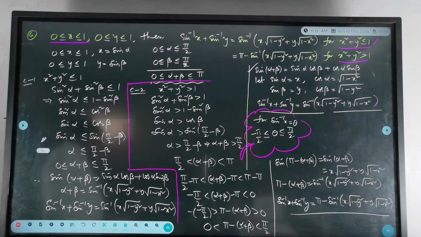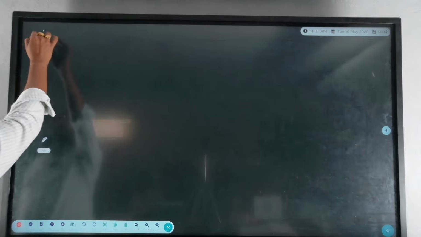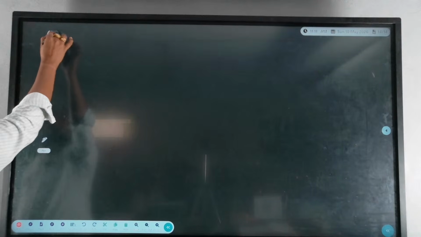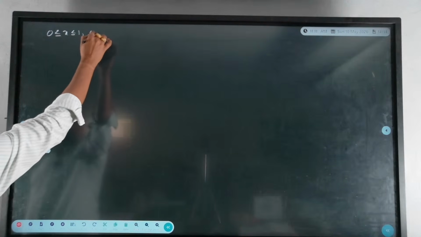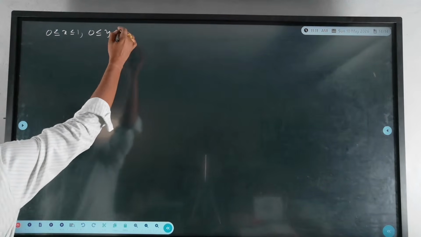Right, next. Zero less than or equal to x less than or equal to 1, 0 less than or equal to y less than or equal to 1.